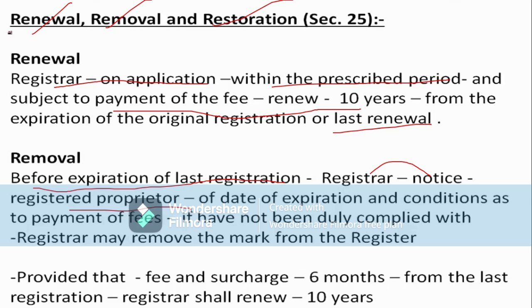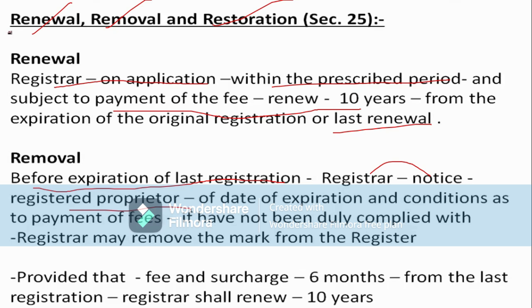I completed my trademark last year, in 2023, so afterwards I have to go for renewal again, before the expiration of the last registration. In June 2023 my registration will expire.